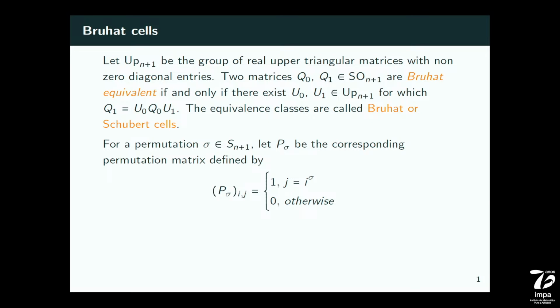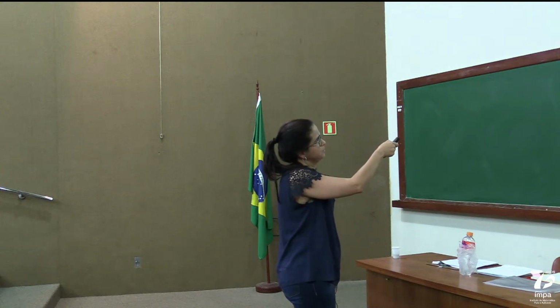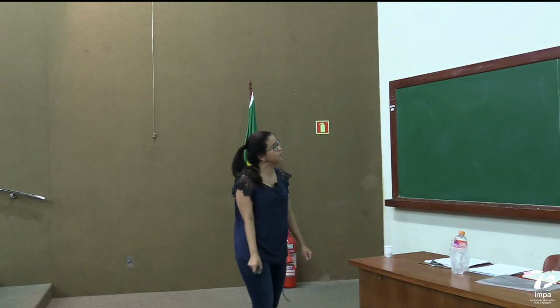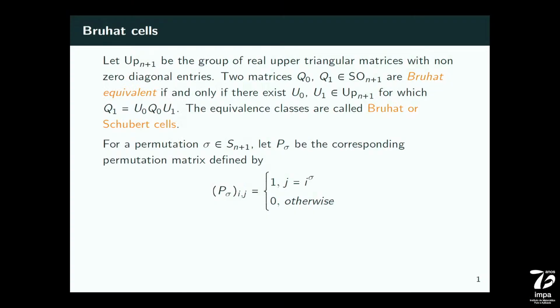The equivalence classes are called Bruhat or Schubert cells. A good representative in these classes is a permutation matrix. If you take a permutation sigma in the Coxeter group, which we denote by S_{n+1}, we denote by P sigma the permutation matrix defined like this: if the image of i by the permutation sigma is j, you put 1 in the entry ij of the matrix and 0 otherwise.